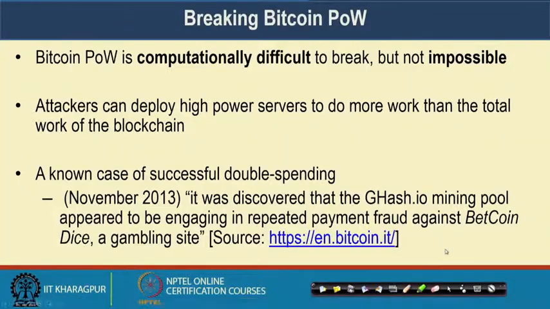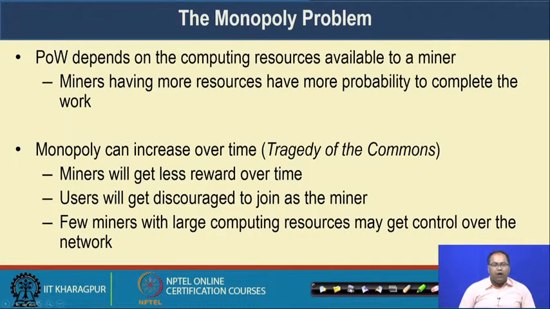That is one problem, and it comes particularly because of something called the monopoly problem in the proof of work based system. Proof of work depends on the computing resource available to a miner. If a miner possesses a huge amount of computational resource, then there is a possibility that the miner can control the entire network, because he has huge hardware, like a GPU server, where he can do the hashing computation in parallel.